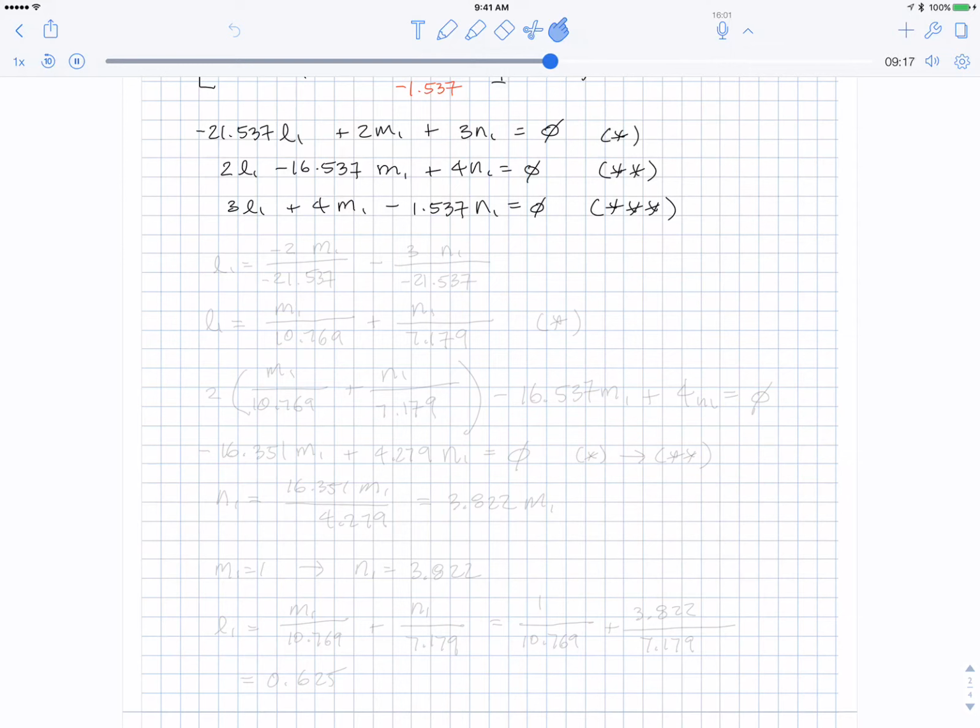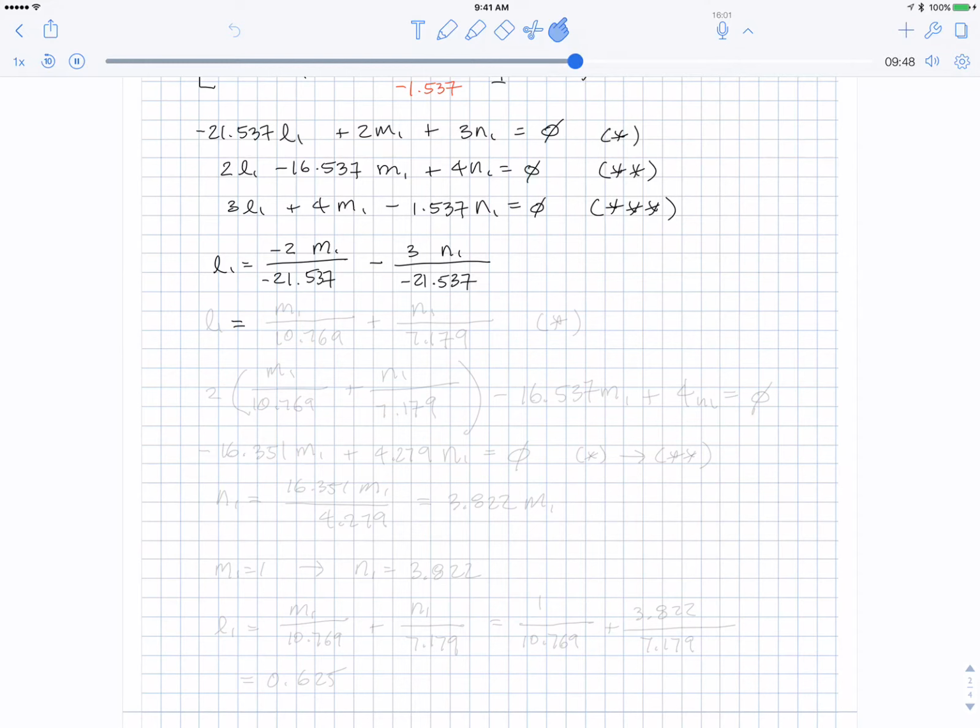So solving the first equation for L1, we have L1 equals minus 2 over minus 21.537 M1, minus 3 over minus 21.537 N1.